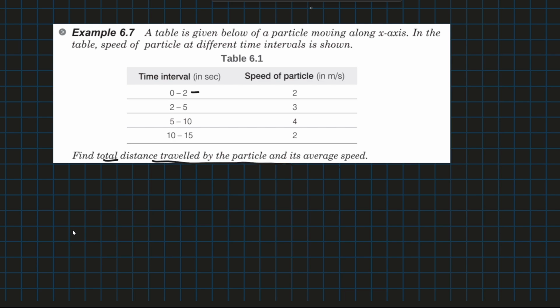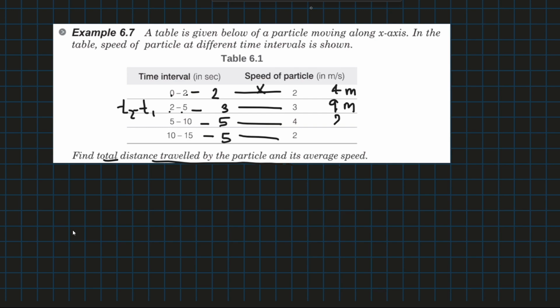So first let us see the time interval. When we do t2 minus t1, that is 2 minus 0, 5 minus 2, 10 minus 5, we get the difference. And when we multiply time and speed, we get the distance, that is 2 2s are 4 meters, 3 3s are 9 meters, 5 4s are 20 meters, 2 5s are 10 meters.